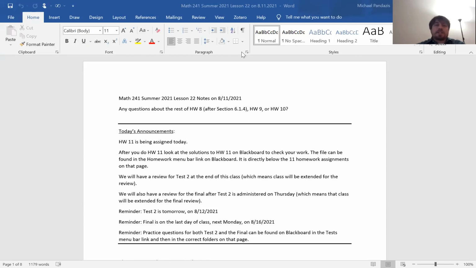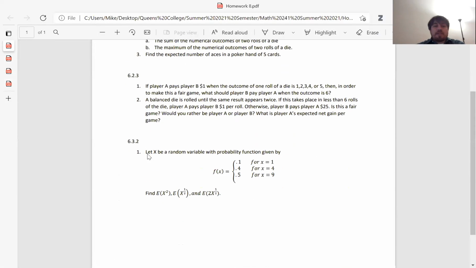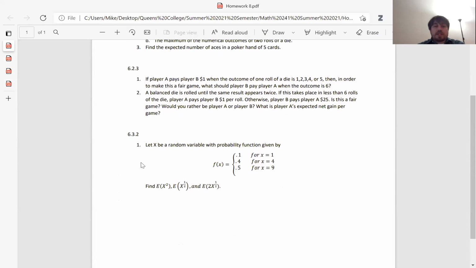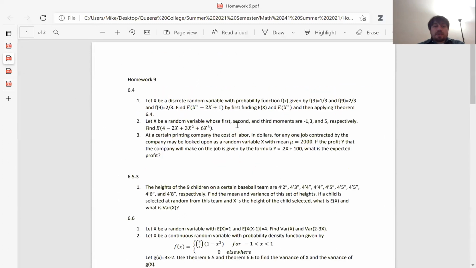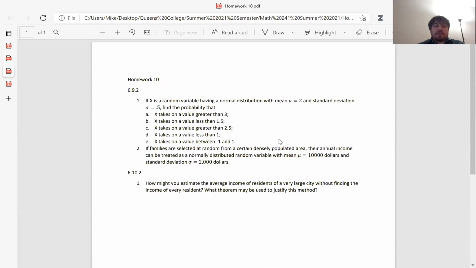Okay, so let's start. Are there any questions about the rest of homework 8 after section 6.1.4, homework 9, or homework 10? So we have the rest of homework 8 after this section, so these two sections here. There's homework 9 and homework 10, which is just these few questions.